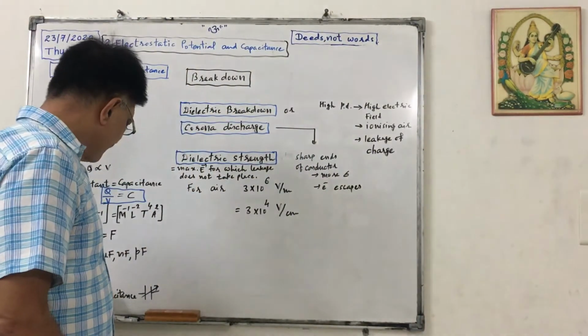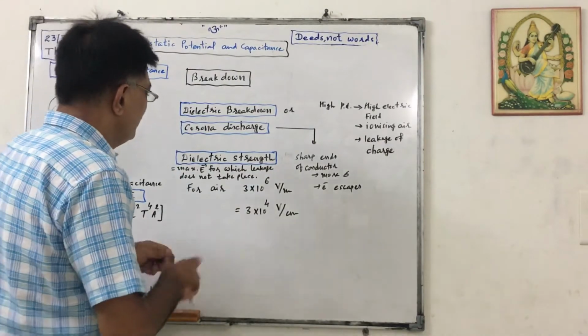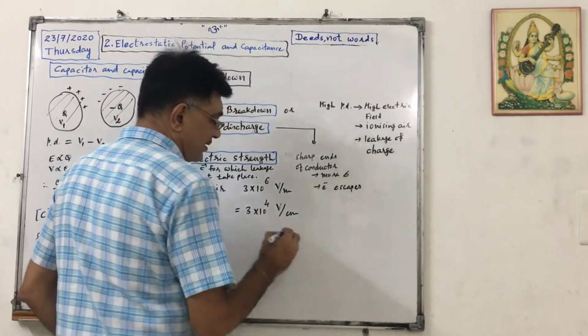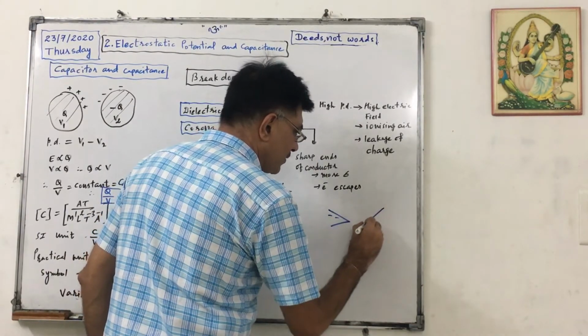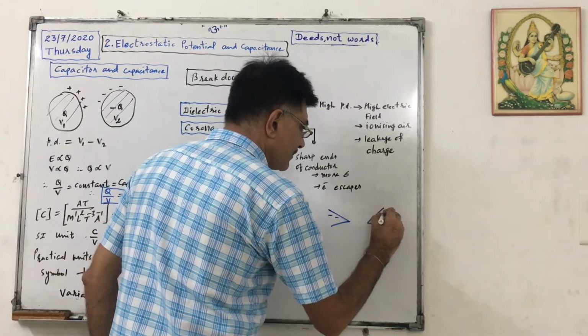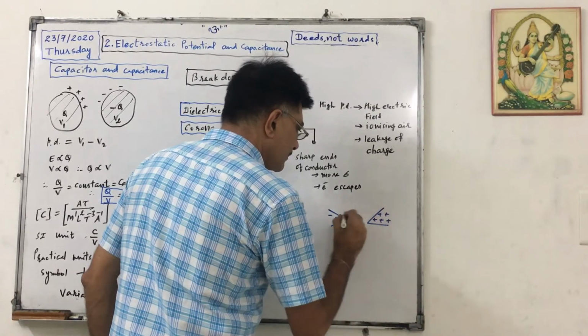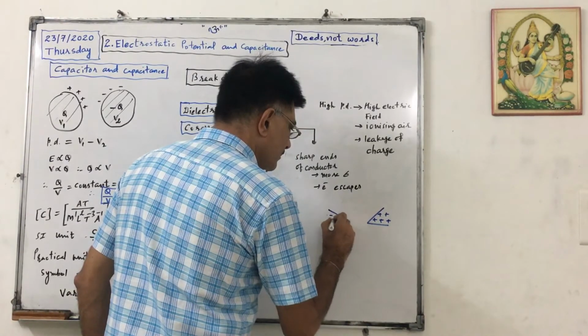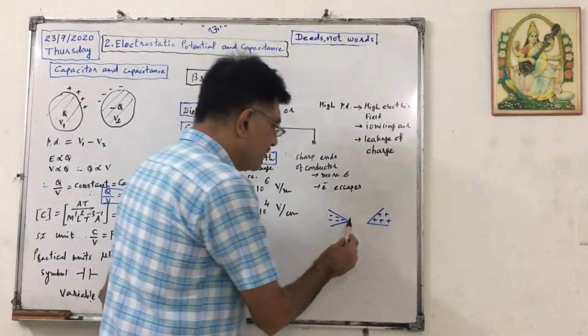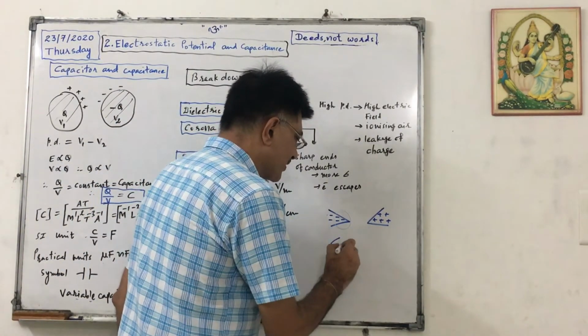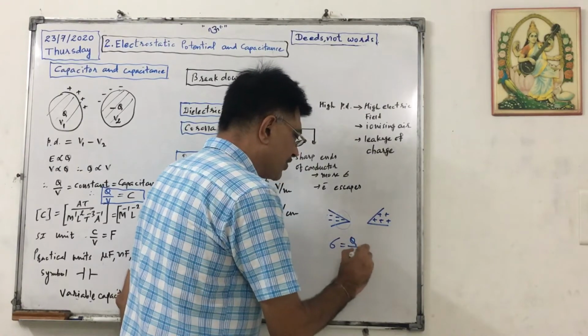Now, suppose the conductors are of this shape, with a very sharp edge. Here, sigma, the surface charge density, is charge upon area.